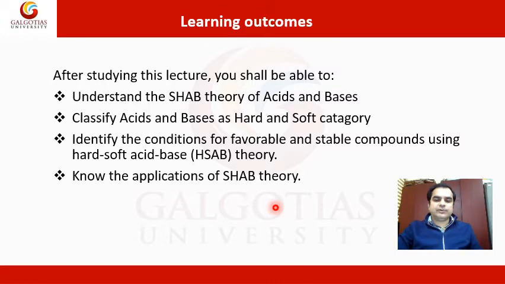After studying this video, you shall be able to understand the HSAB theory, that is hard and soft acid base theory, through which we can classify acids and bases into different categories, class A and B, that is, the hard and soft categories. You will identify the conditions for favorable and stable compounds using HSAB theory, and you will also know the applications of HSAB theory.